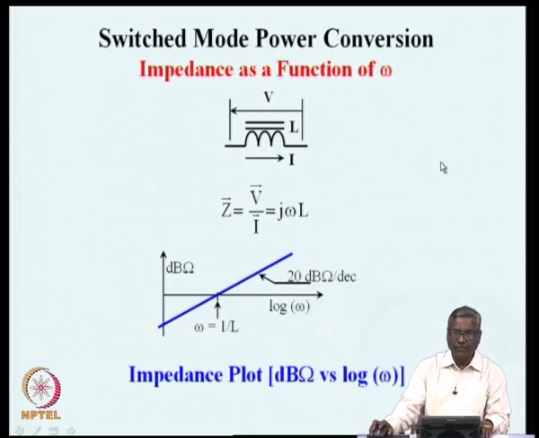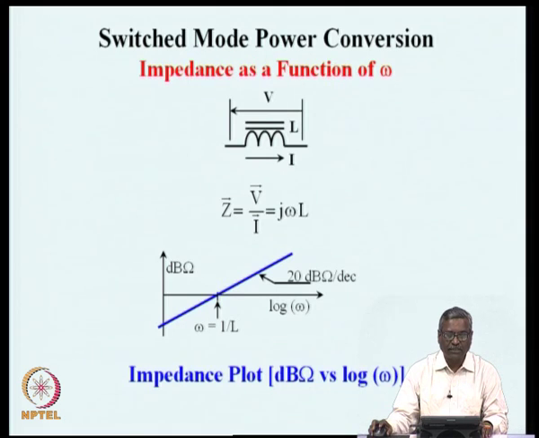Okay. There is another way of looking at an inductor also as an impedance which is a function of the frequency. For example, the relationship V equal to L di by dt is the transient voltage and current equation, and the current vector is V divided by j omega L is the steady state voltage current relationship for sinusoidal excitation for any inductor.